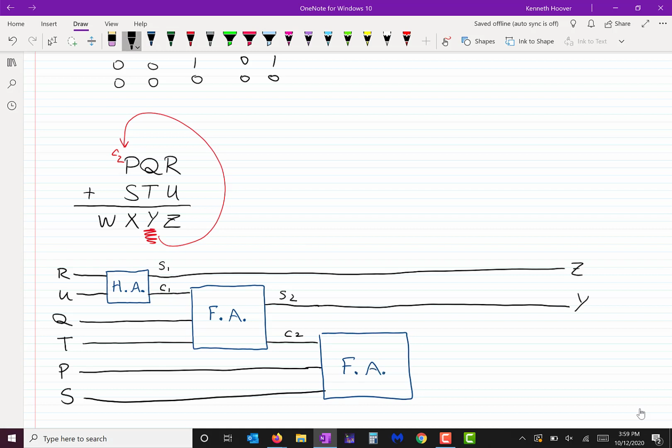And what's going to come out is an S number and a C number. And those are going to be our digits X and W.